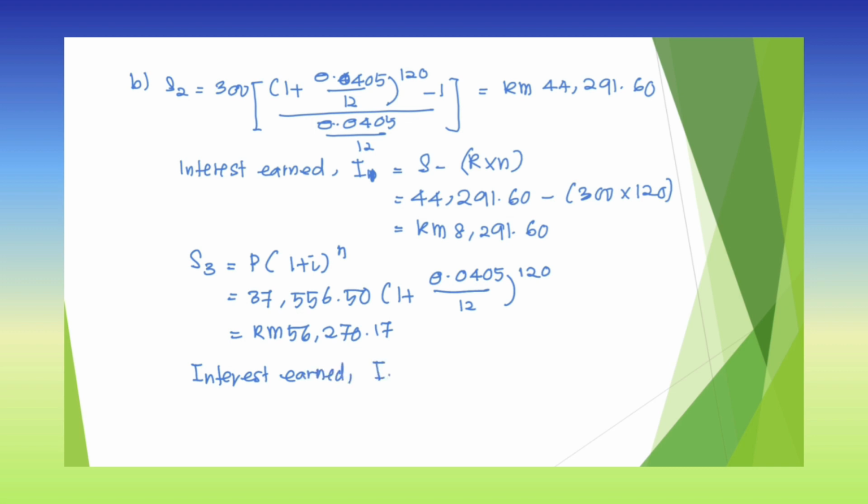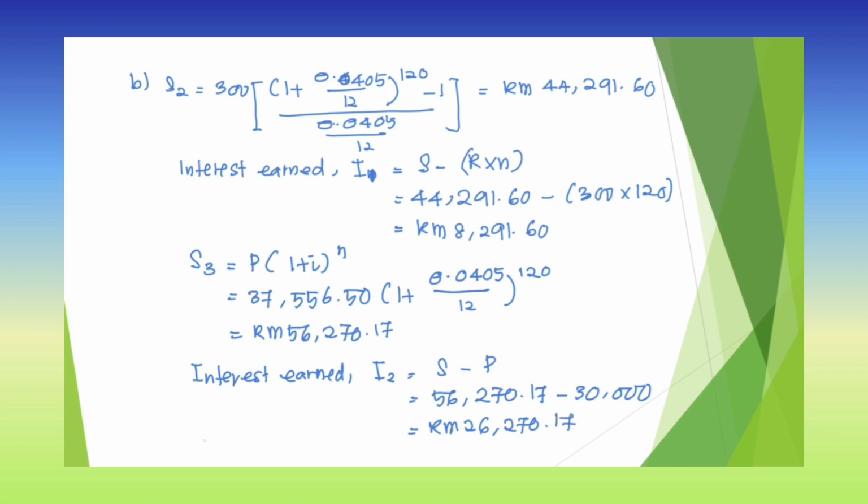The interest earned for this case, let's say I2, is S minus P. So S here is 56,270.17 minus the original principal, which is 30,000. So interest earned is 26,270.17.